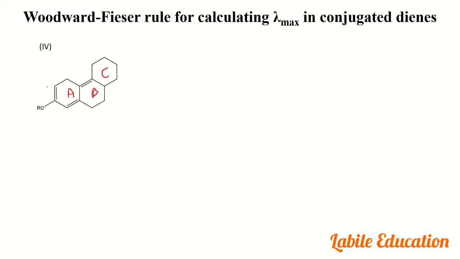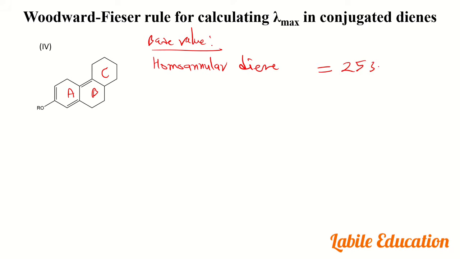We know that a homoannular diene gives the higher base value. So here we will consider the homoannular diene system. The value is 253 nanometer.